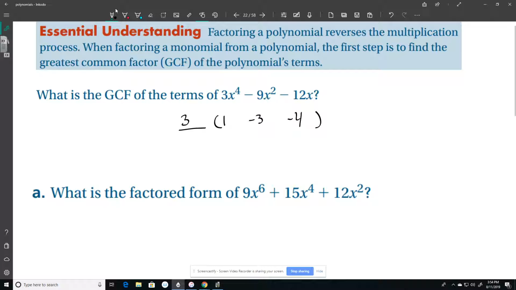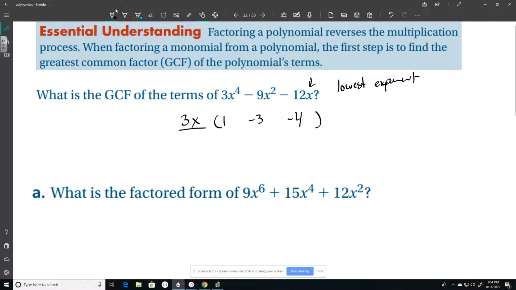Then I look at my x's. x to the 4th, x squared, and x. I want to pull out as many of them as I can, but I have to look at the lowest exponent, which is this one, because I can only pull 1x out of the negative 12x.